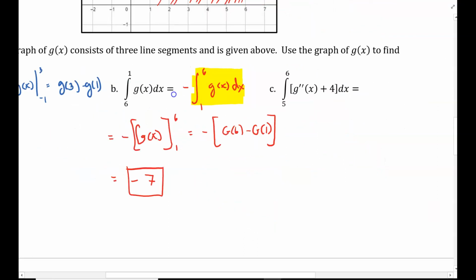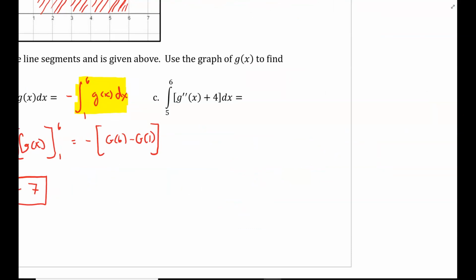All right, let's go ahead and look at C. Okay, the integral from 5 to 6 of g double prime of x plus 4 dx. Okay, well, integrating my first region, the antiderivative of g double prime is g prime of x, evaluated from 5 to 6, plus I have 4, that's my height, the height of the function is 4, times the difference between 6 and 5, that's just 1.